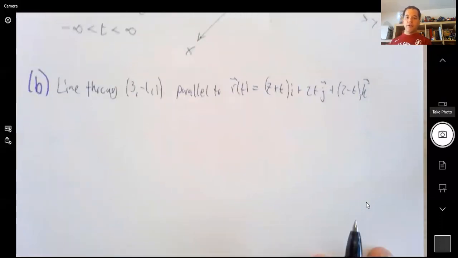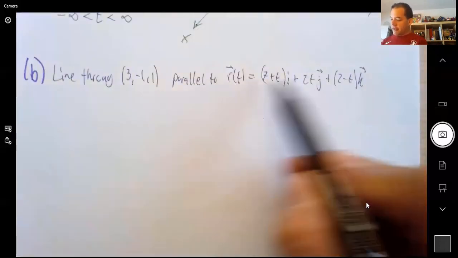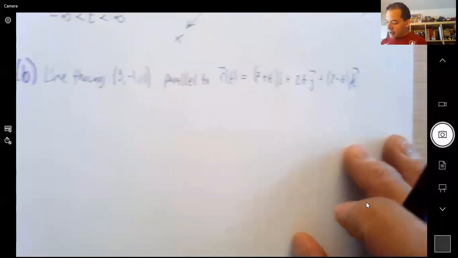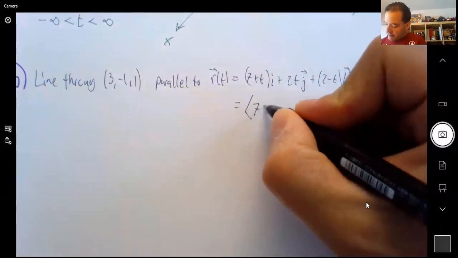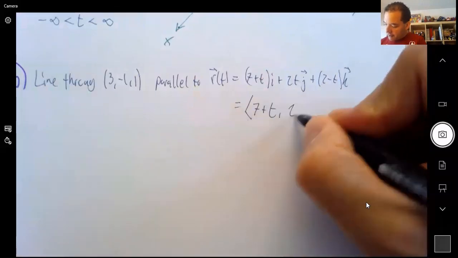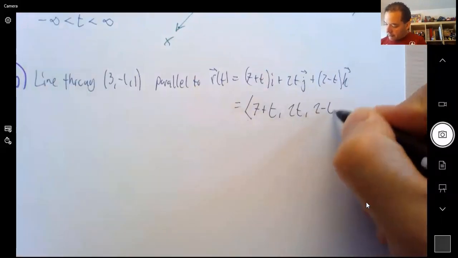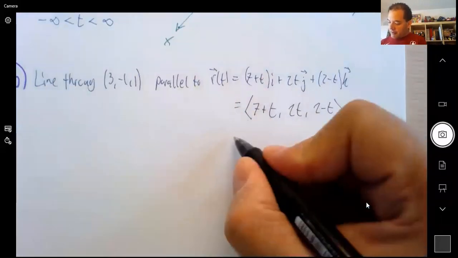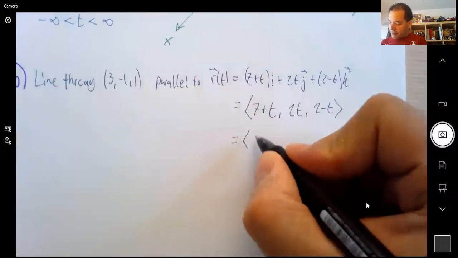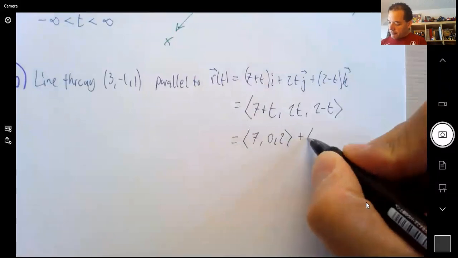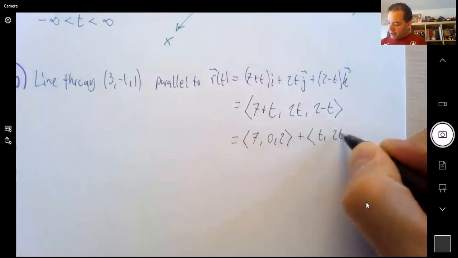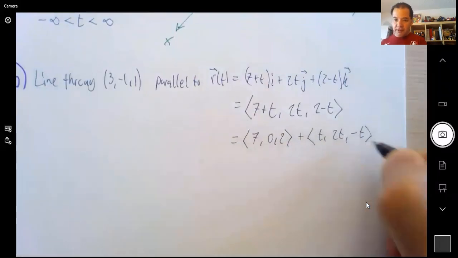Okay, so the first thing you want to do is figure out what's the direction from here. So separate these. Let me write it with components. To me, it's easy. So this is (7 + t, 2t, 2 - t). And then separate the constants. So this would be (7, 0, 2) + t(1, 2, -1). You see what I did here?